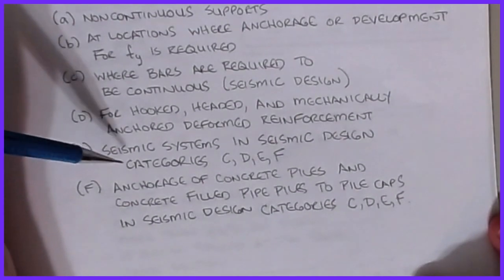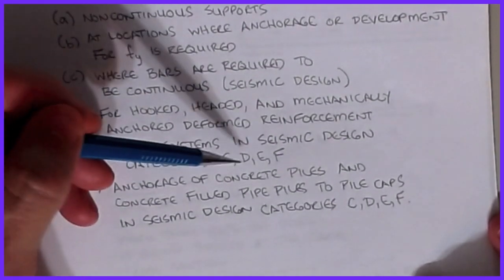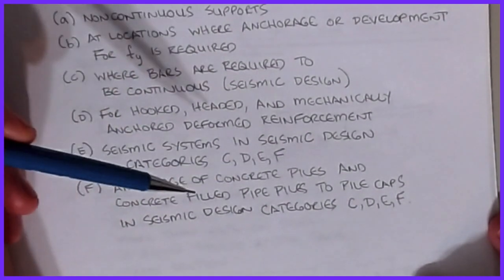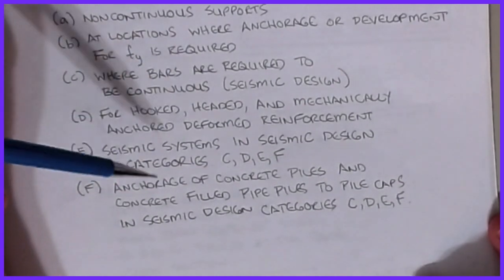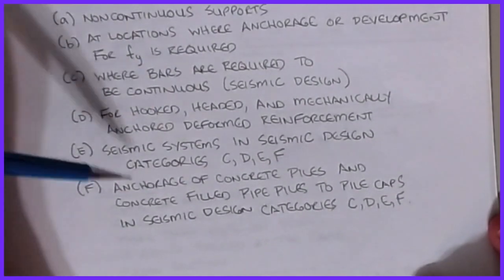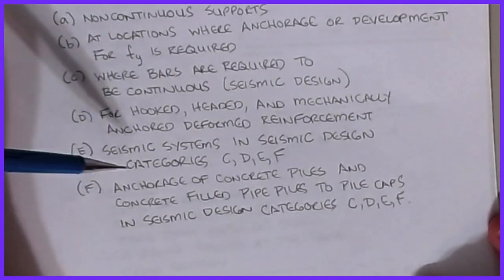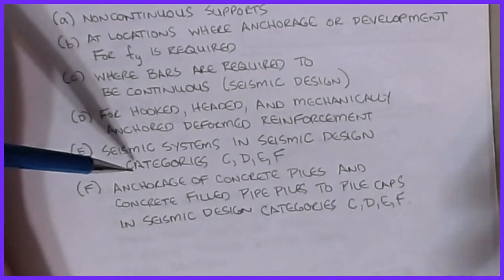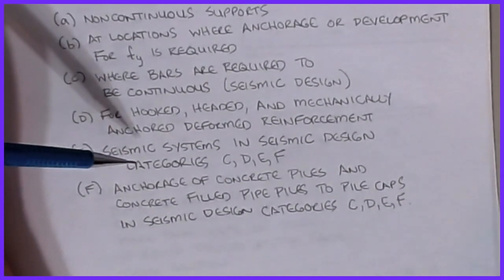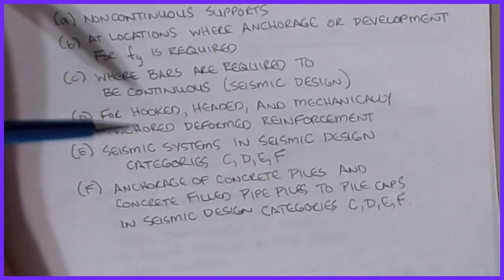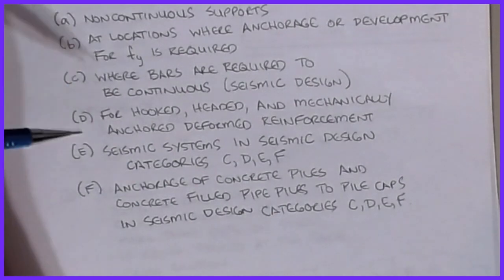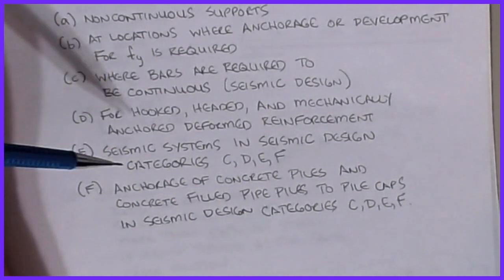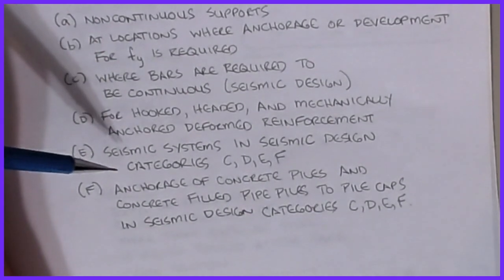Seismic systems and seismic design categories C, D, E, or F, these are the most severe of the seismic categories. You can't use this provision, and in fact, we haven't talked a lot about seismic requirements in this series. Seismic can really drive the way you design reinforced concrete, especially with the detailing. We've talked a little bit about stirrup supports and columns and those kinds of things, but seismic's kind of a different animal.